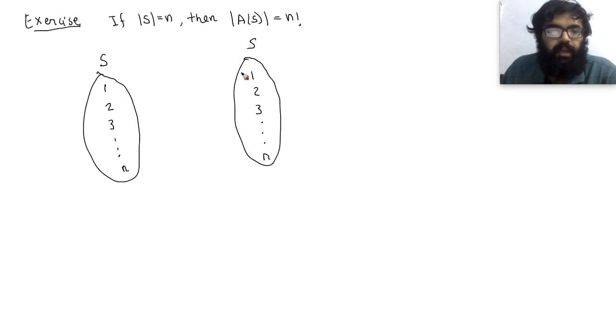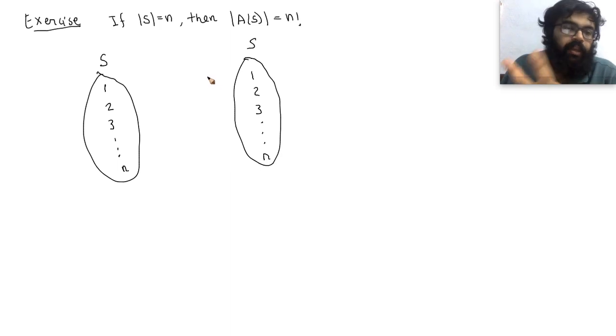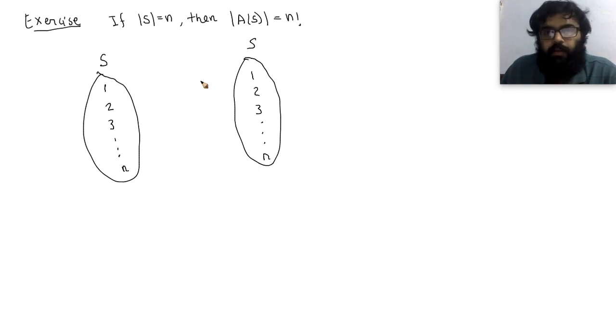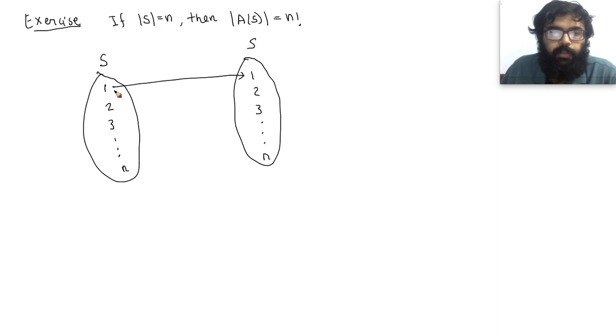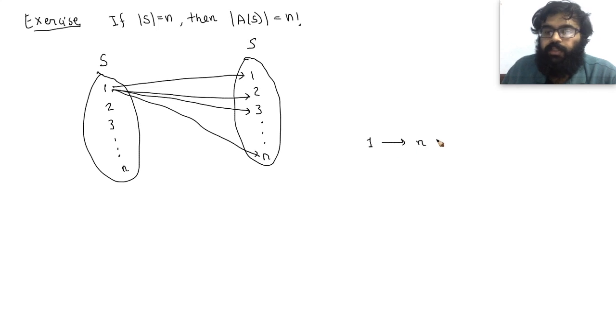How many functions? We can take f1, which takes 1 to 1. We can take f2, which maps 1 to 2. We can take f3, which maps 1 to 3. So how many possibilities are there for 1? There are n possibilities for 1. The image of 1 can be 1, 2, 3, and so on up to n. So 1 has n possibilities.